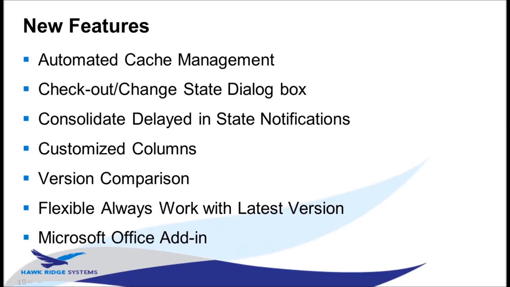Being able to change and add functionality to checkout and change state dialog boxes, adding columns, being able to flip through the warnings and the ability to filter through dynamic notifications. Consolidated delayed and state notifications, being able to combine those all into one single notification. And then customized columns, allowing you to add descriptions and any other variables that you want into the column set in your dialog box.